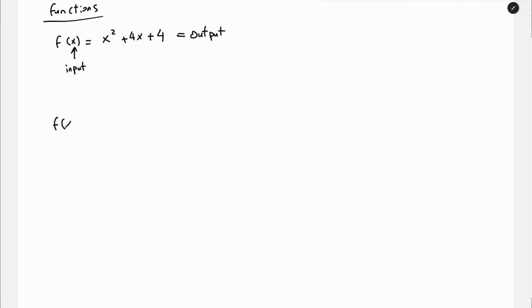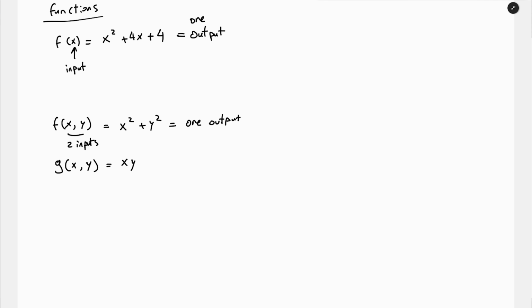Similarly, we might have a different function, which would be maybe this one. But now we have two inputs and our one output. Actually, let me give you another example here too. We might have another function of x, y.